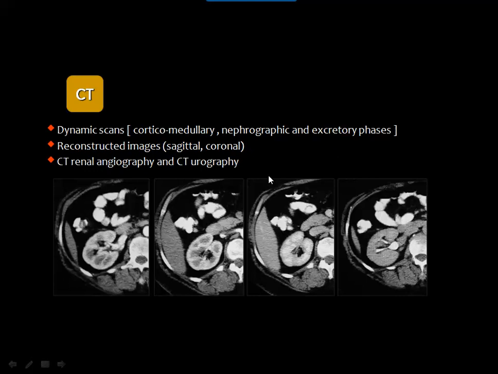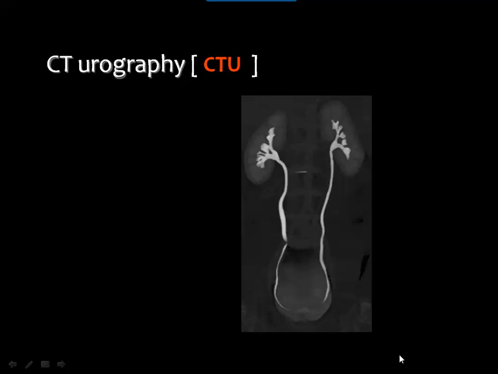Also, one of the valuable techniques is to reconstruct the images in the sagittal and the coronal plane, and to subtract the images to perform CT urography and the CT renal angiography. And this is what we call the CT urography. You reconstruct the images after injection of contrast, then you remove undesired anatomic structures.